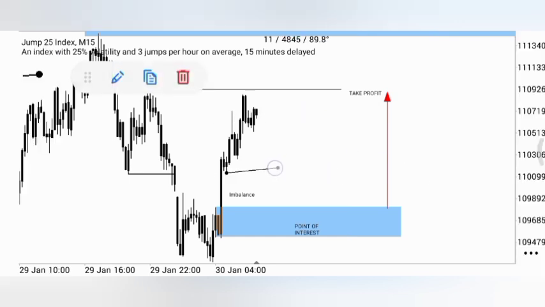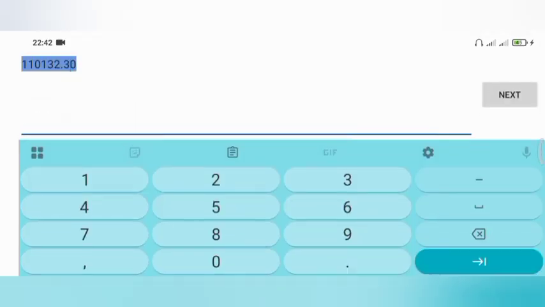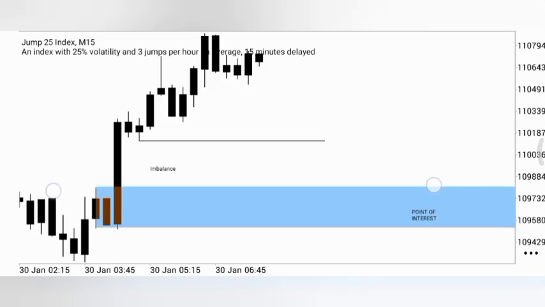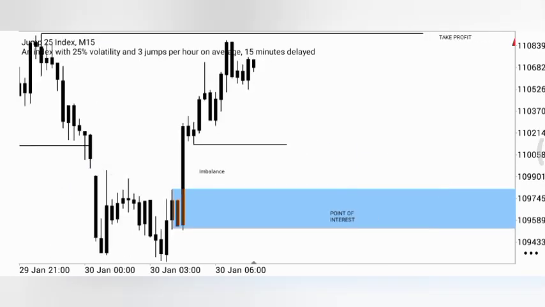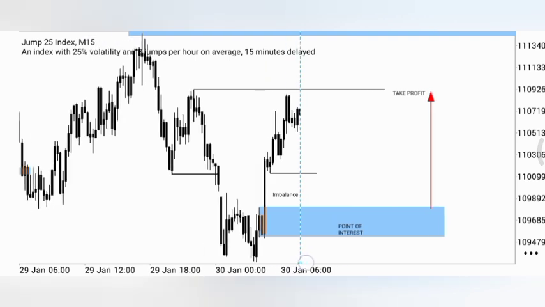I did forget to mention inducement. Inducement is an area where traders are given a false signal to enter the market early and they actually end up being taken out, right?